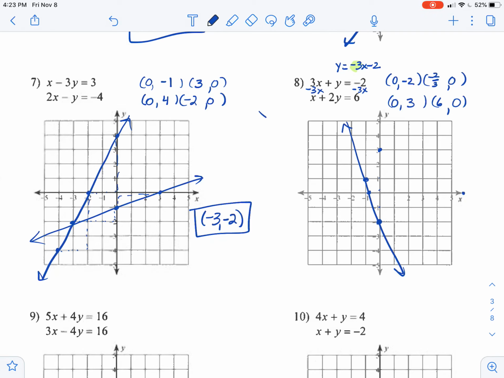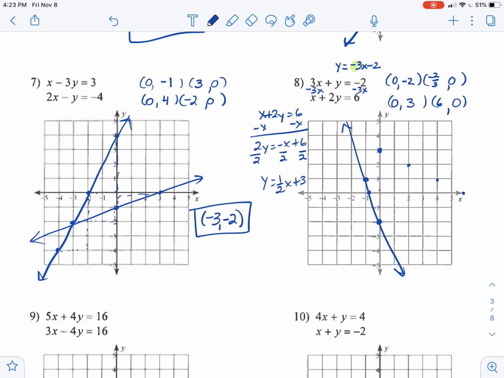So again, this one I could have moved my x over, divided by 2. And I get 1/2 x plus 3, so my slope is 1/2. So I could go here, and from this point here, go down 1, right 2, down 1, right 2, and then that would also work.